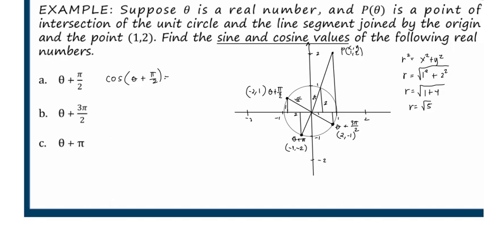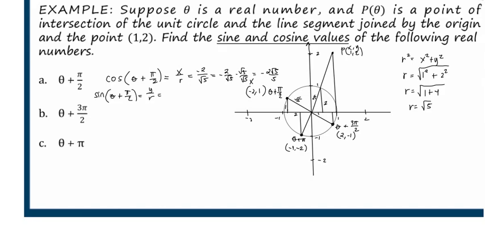So, this one would now be x divided by r. So, x there would be negative 2. So, this is going to be negative 2 over square root of 5, times square root of 5 over square root of 5, which would give you negative 2 square root of 5 over 5 for our cosine of theta plus pi over 2, while our sine of theta plus pi over 2 would be y divided by r.